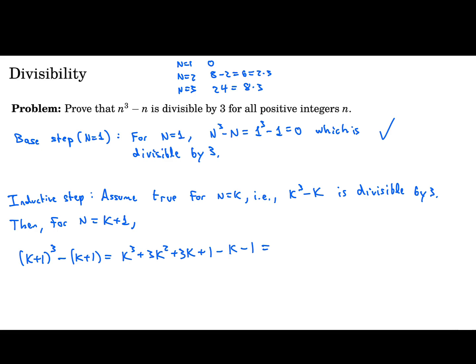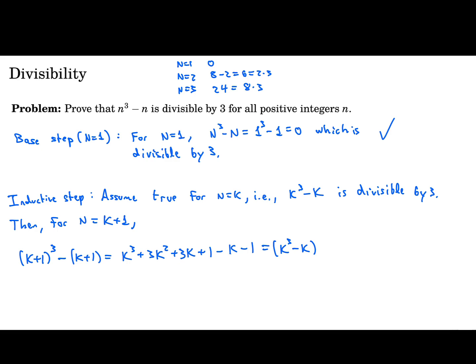The extra thing we have is our inductive hypothesis, that k cubed minus k is divisible by 3. You can see that there's a k cubed minus k appearing here, so let's isolate that part. We know that part is divisible by 3. So let's look at the rest.